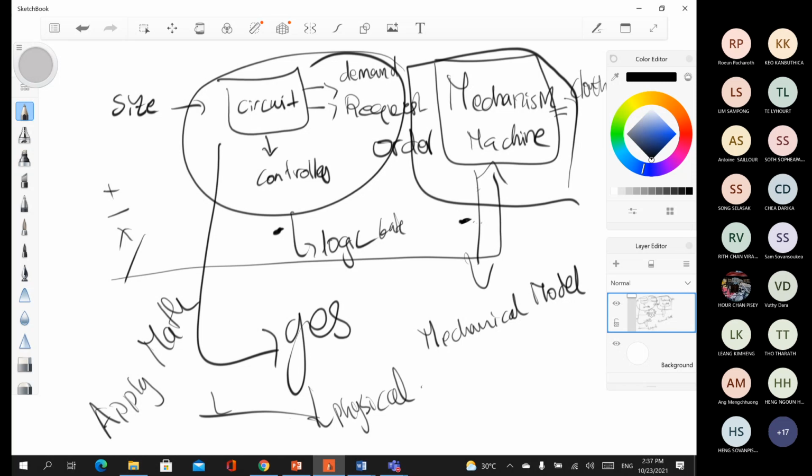But when you try to deploy it to build as a physical machine, those kinds of machines are just placed in position, remote or controlled by a controller, or we can call it a circuit. So for example, in mechanism in this part, for example, I will write in this one.